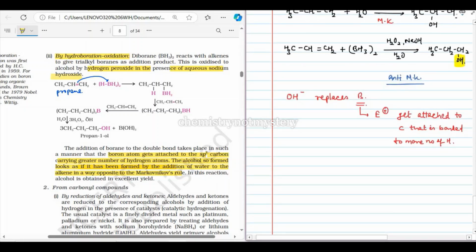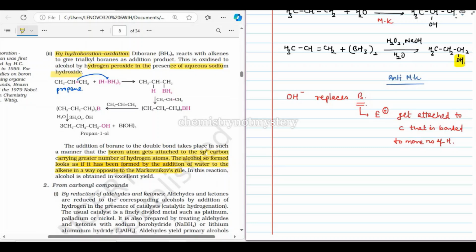That's why in the end product, OH gets attached to the carbon which is bonded to more number of hydrogen. But OH negative here is not a nucleophile. It just replaces the electrophile. That's why the end product seems to be formed according to anti-Markovnikov rule.